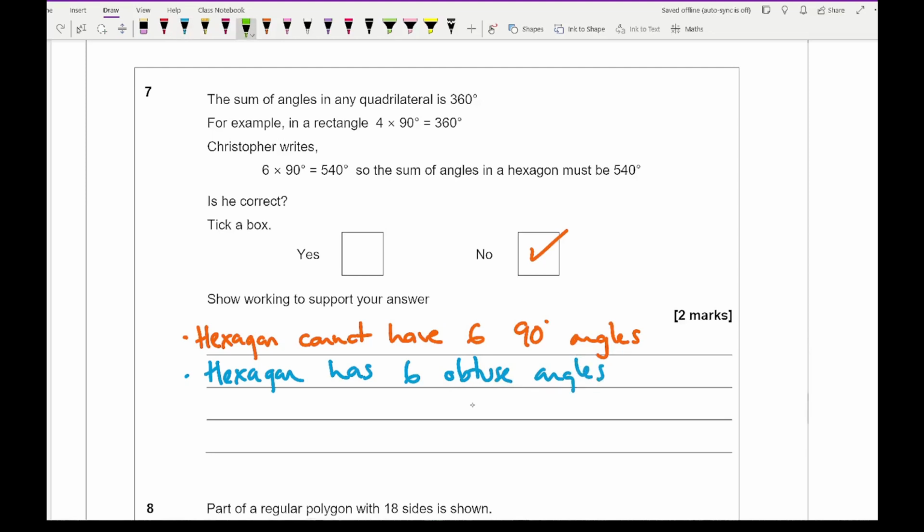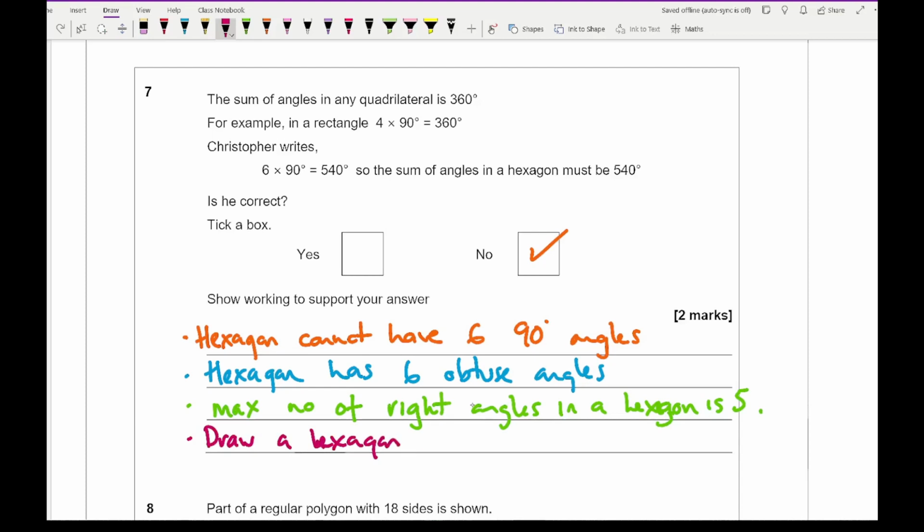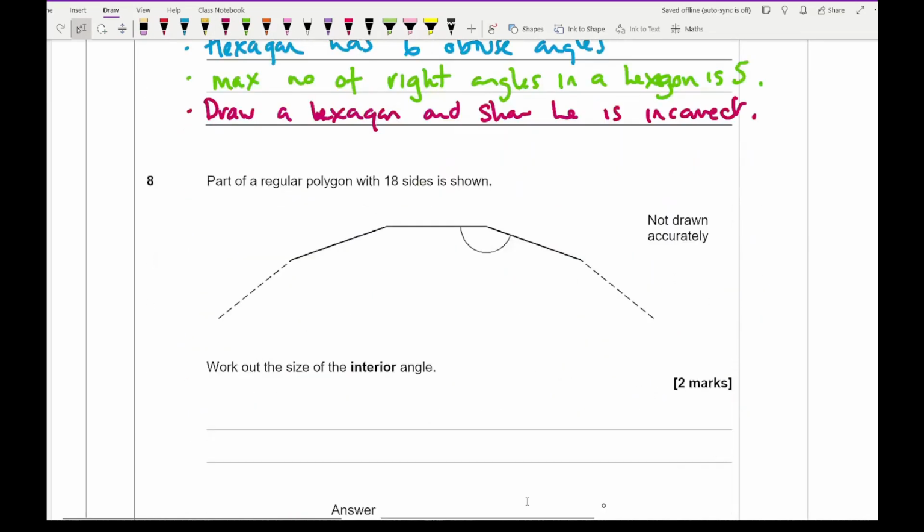You could also say that the maximum number of right angles in a hexagon is 5. And also what you could do is draw a hexagon and show he is incorrect. So any of those 4 would be valid to get your 1 mark explanation.